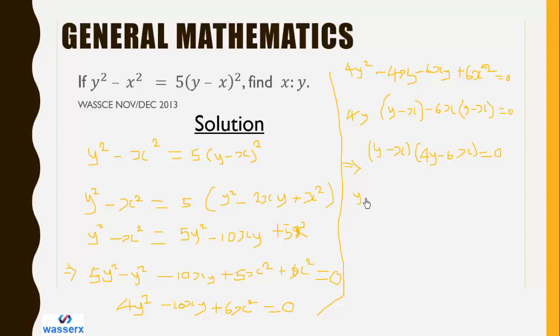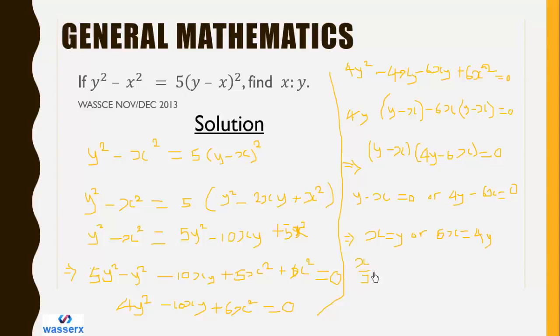So we have either y minus x is equal to 0 or 4y minus 6x is equal to 0. So we have x equal to y or 6x is equal to 4y.